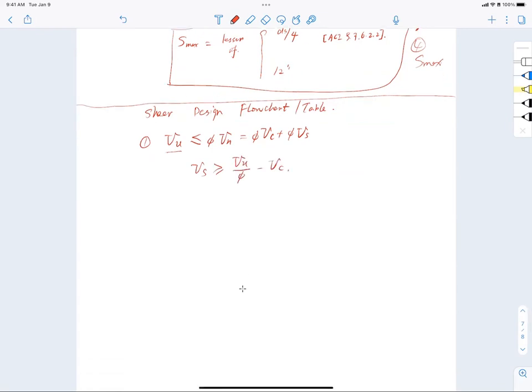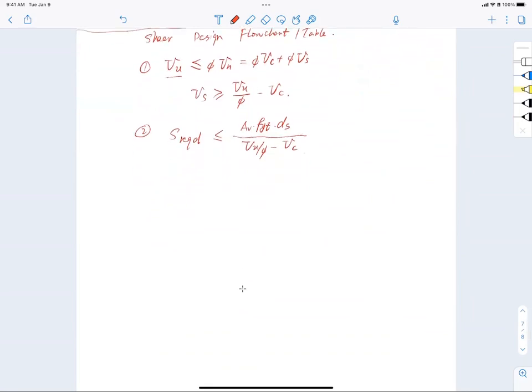Got the shear resistance first. And after you have the shear resistance, the required spacing has to be smaller than or equal to Av fyt d over Vu divided by phi minus Vc.